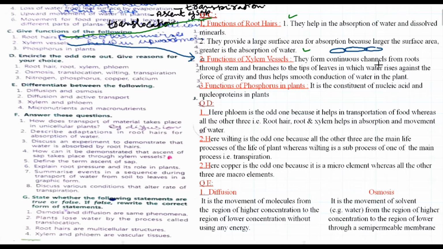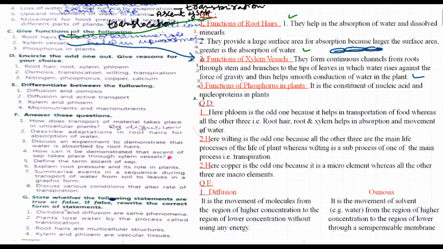Water rises through these channels against the force of gravity, and thus helps smooth conduction of water in plants. So this is the main function of xylem vessels, that is transport of water.